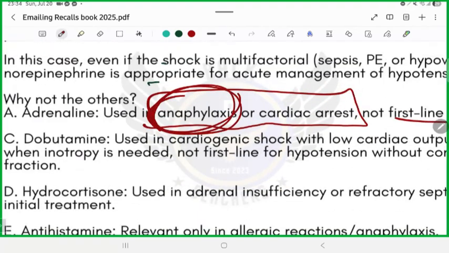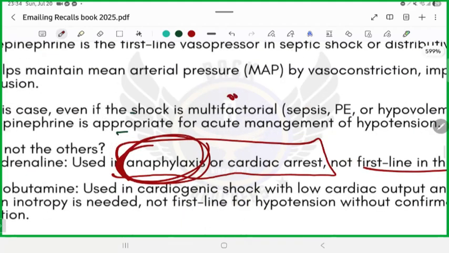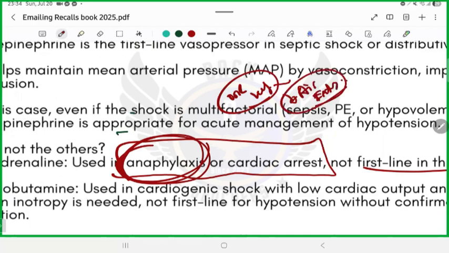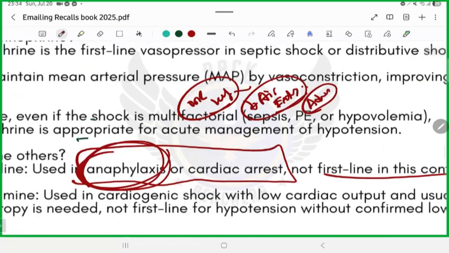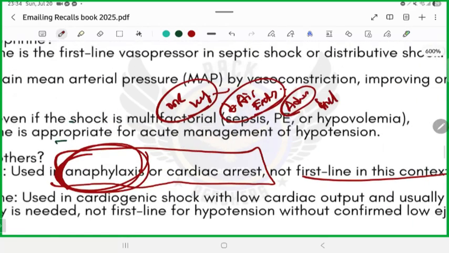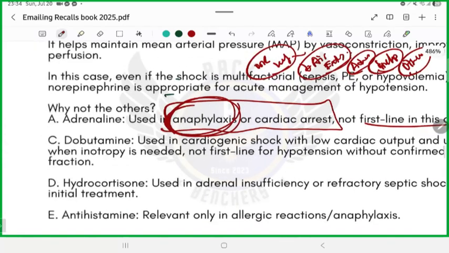It's just one lung with decreased air entry, the other lung is okay. If we give adrenaline, one lung might be helped, but it's not a generalized thing. The other lung is a healthy lung, so that can get damaged. So we can't give adrenaline.